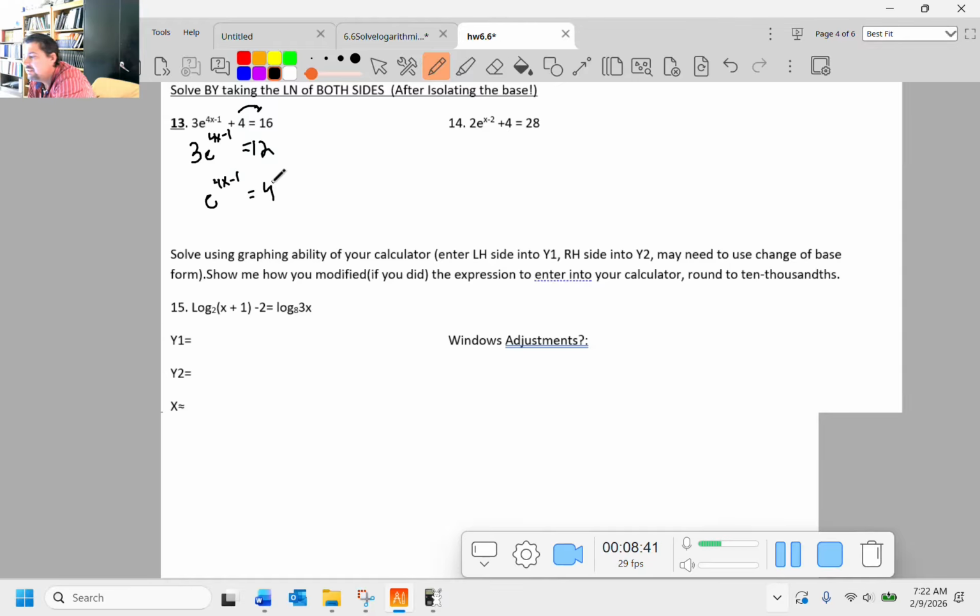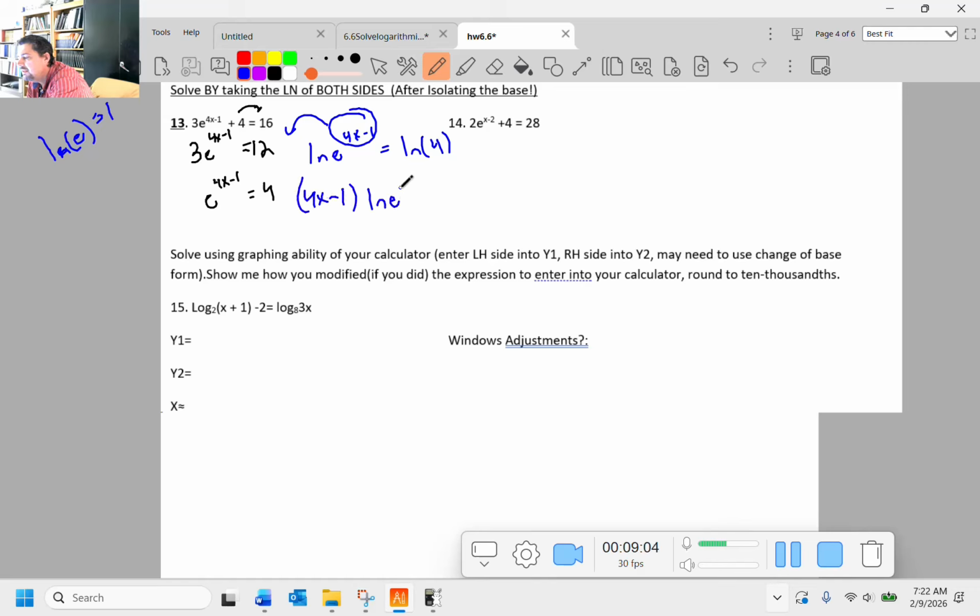And now I'm going to use this ln technique, which is a really elegant technique. We just put an ln on both sides. Now, the reason it works so well is because the natural log of e is 1. First off, these exponents become factors, so 4x minus 1 goes out front.